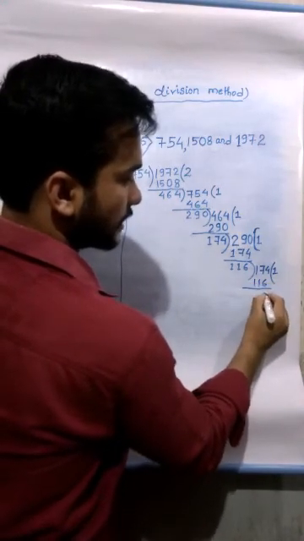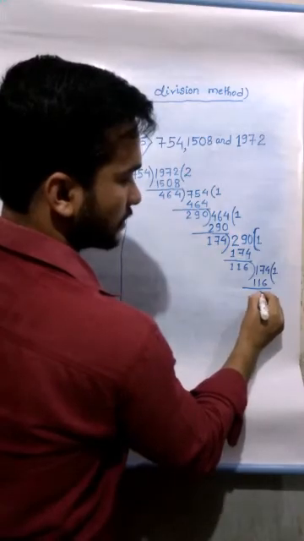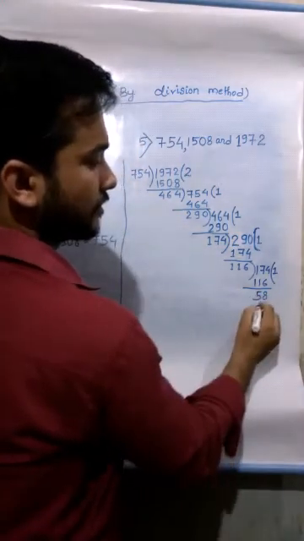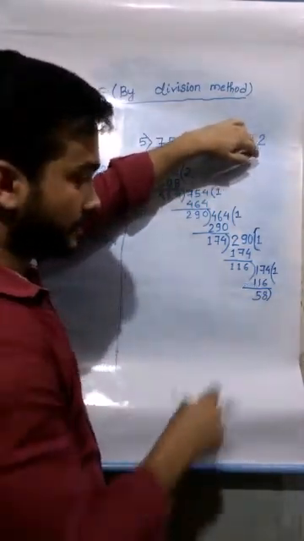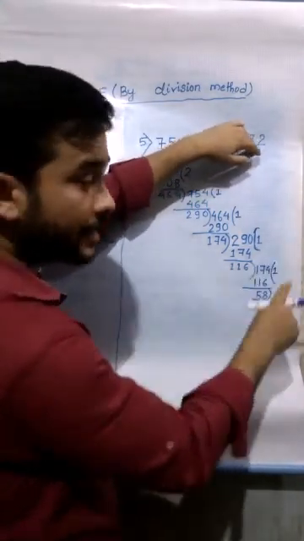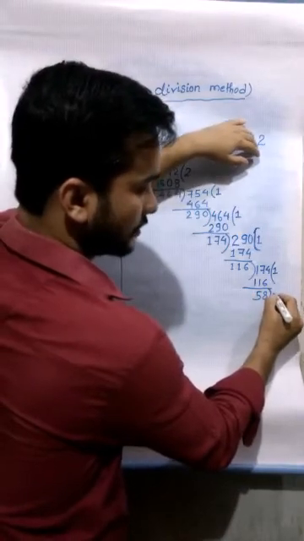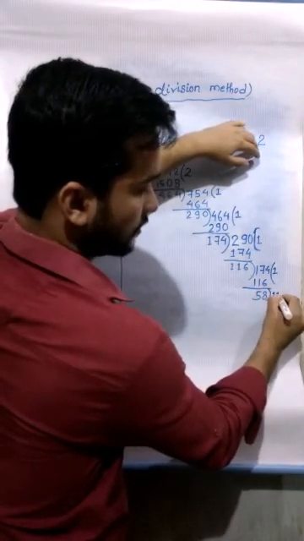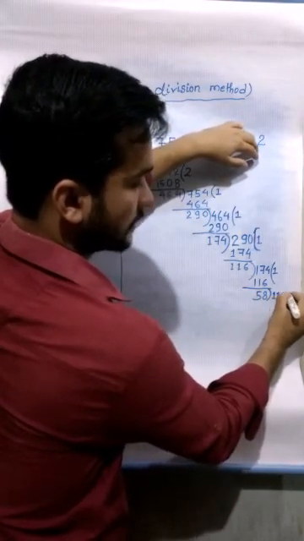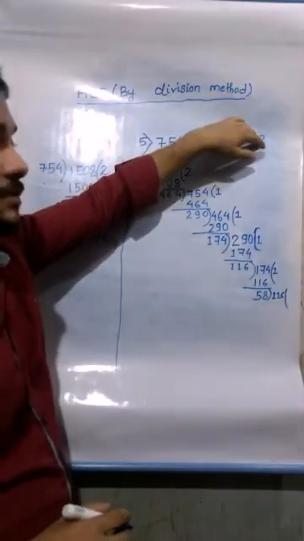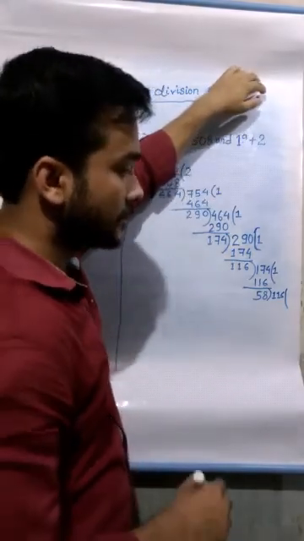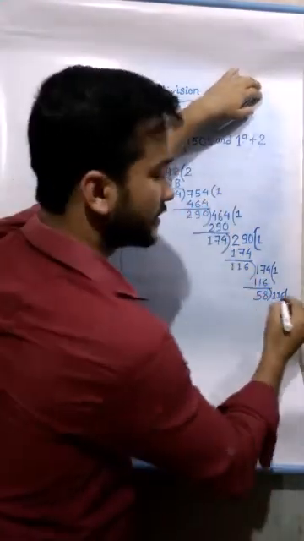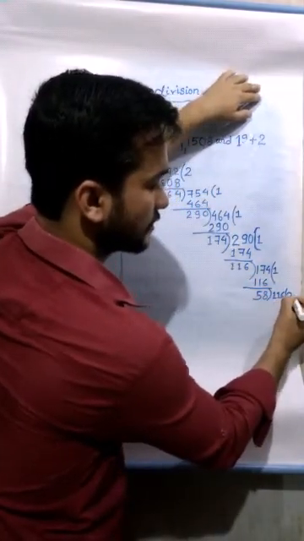Now subtract it, 58. Now this divisor will again become the dividend. So 116. Now with which number will you divide this? So 58, 2s are 116.